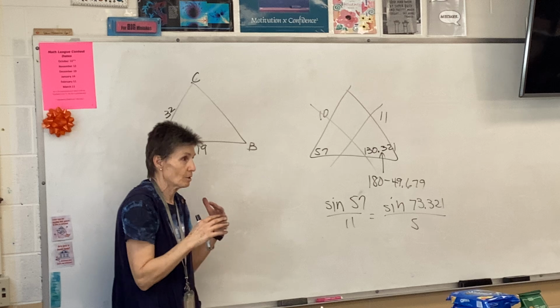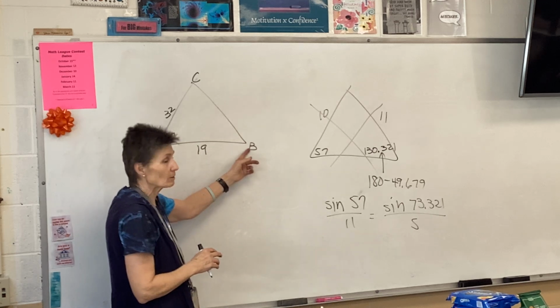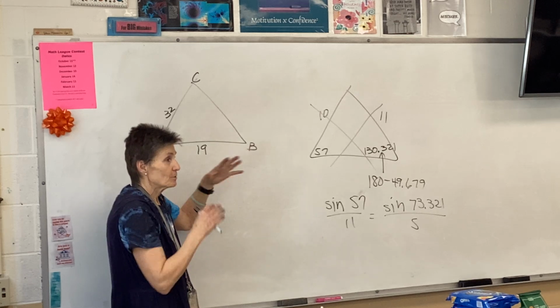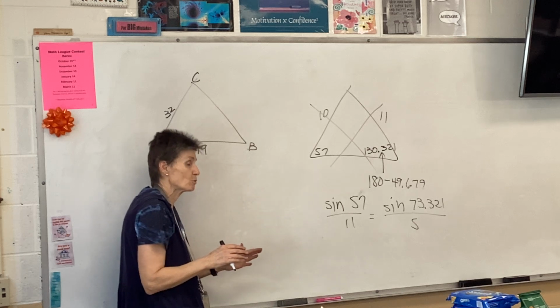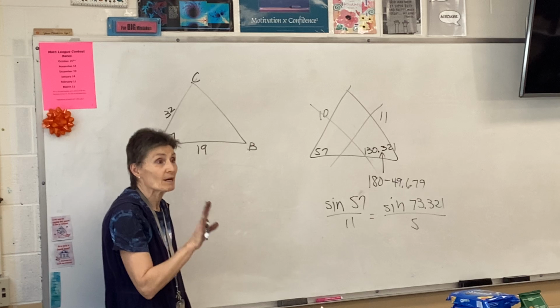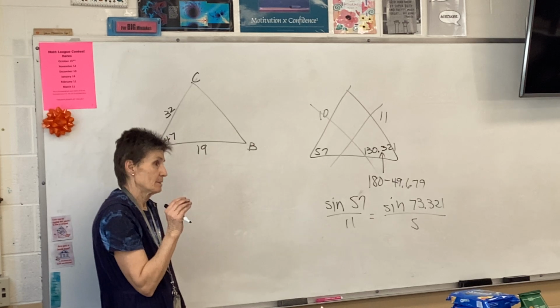Just make sure that you have everything labeled correctly. You can put angle A here, it will not matter. Just make sure that you have everything labeled according to however you set up your triangle. Now, the directions say find area. We're not solving it, we're finding area.